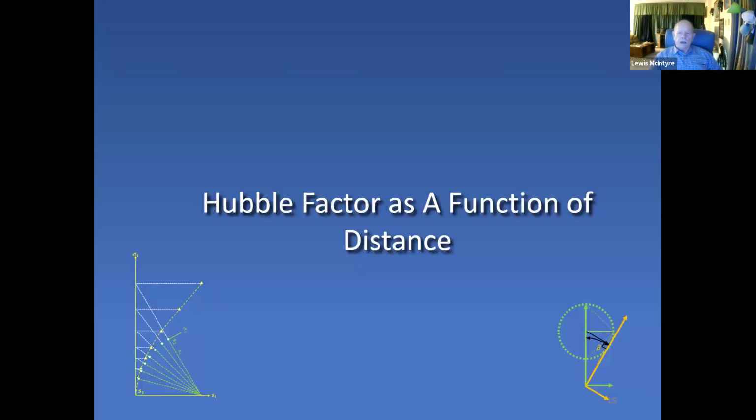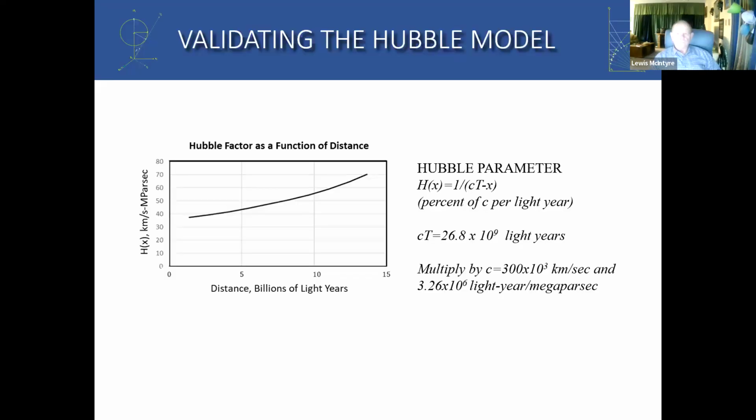Does our simple calculation yield the correct value for the Hubble parameter? So we have developed a very simple model of the Hubble parameter in the expanding universe. As the Hubble parameter is expressed as kilometers per second per megaparsec, and our expression is percentage of the speed of light per light year, we must do some unit conversion.